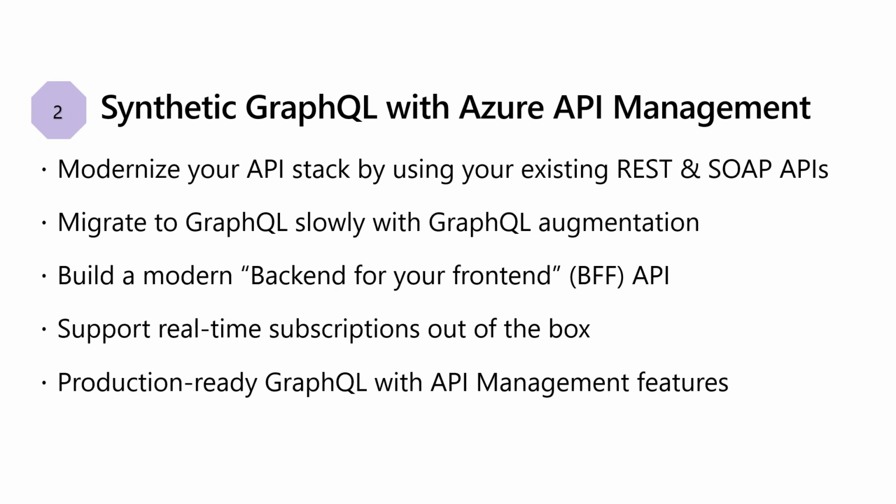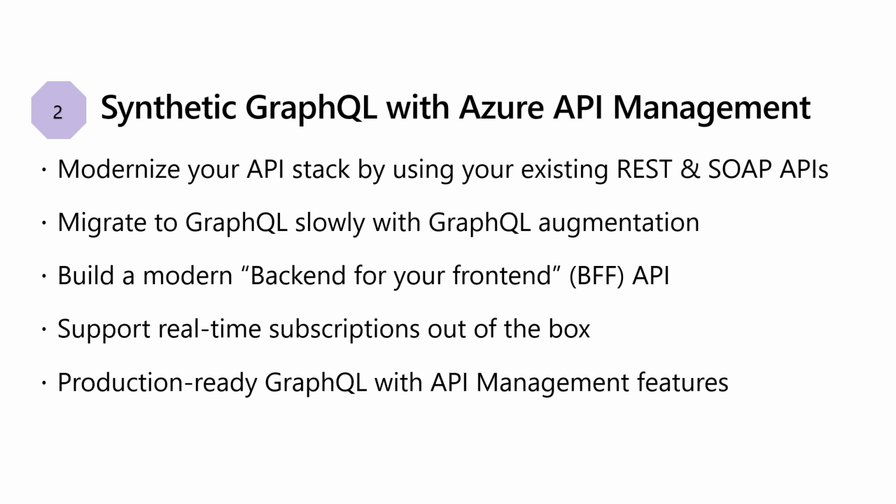One of the good things here, backends for your front ends is a thing. It's a very common architecture pattern. So being able to say, hey, here are my data sources, REST, SOAP, whatever, here's my GraphQL facade for my specific application. Here's a different GraphQL facade for a different application.